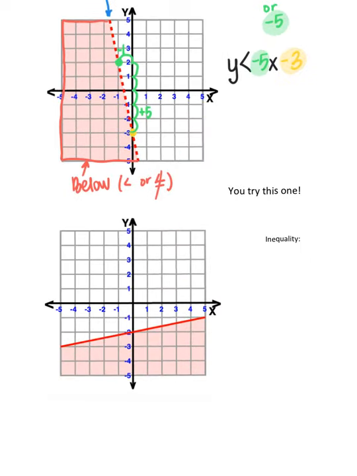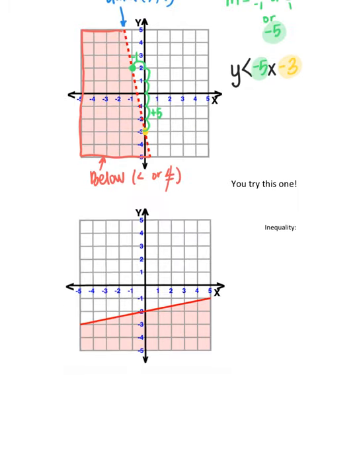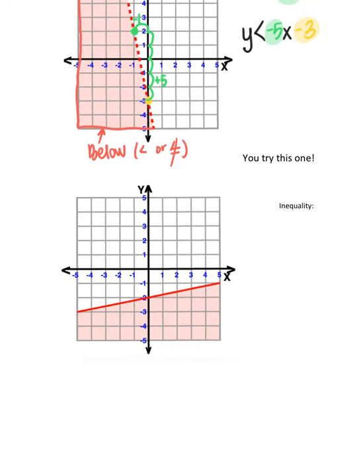Okay, I want you to try this one and turn this in after you have completed this final one. It's a solid line, so let's give you a couple hints here.